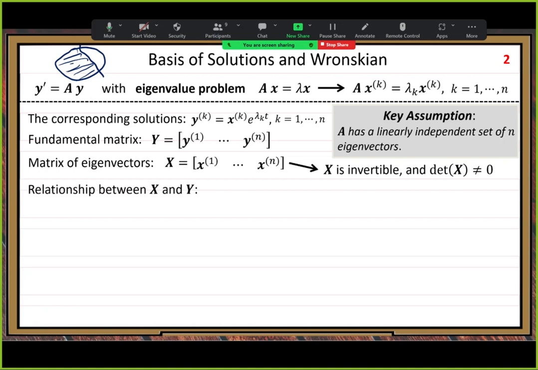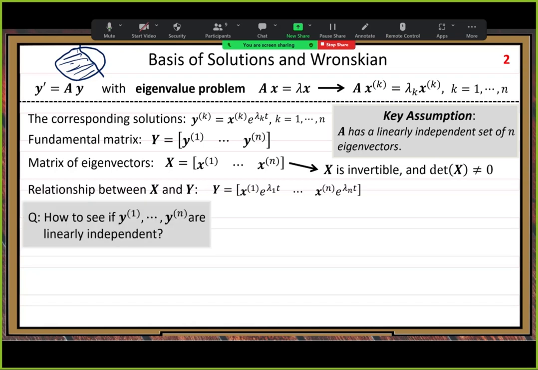Now the relationship between X and Y, a close relationship. We want to see, can we find an equation connecting these two matrices? Y we can write explicitly, containing the X vectors together with a set of functions using their corresponding eigenvalues. This is a simple structure if we look at it as a matrix product.